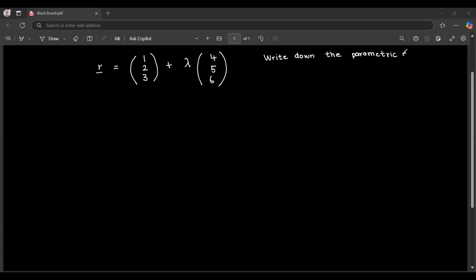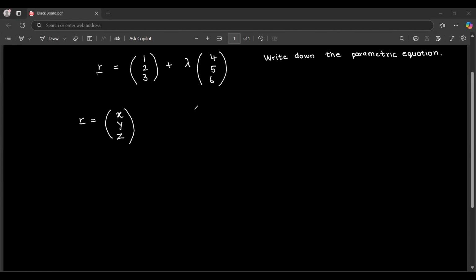Let's say r equals 1, 2, 3 plus lambda 4, 5, 6. If they ask you to write down the parametric equation, it's very simple. r can be equal to x, y, z.